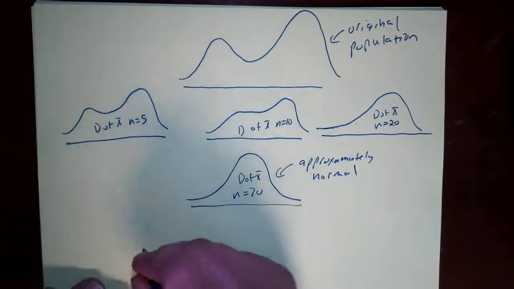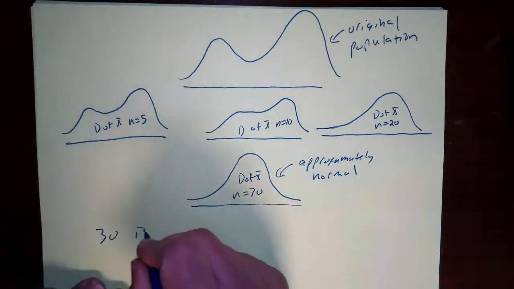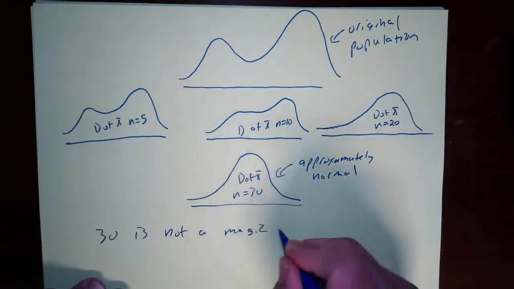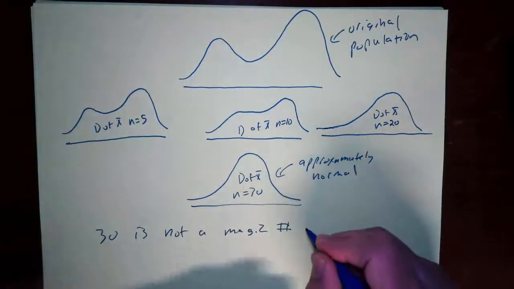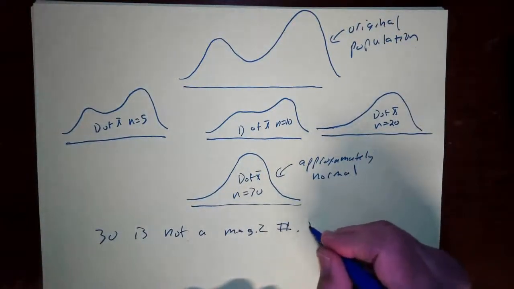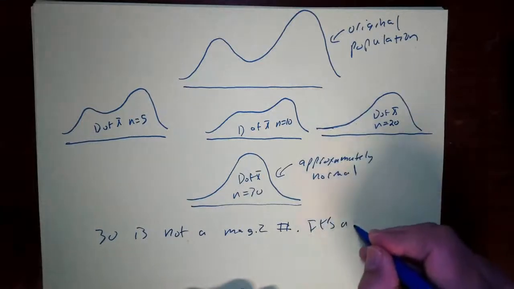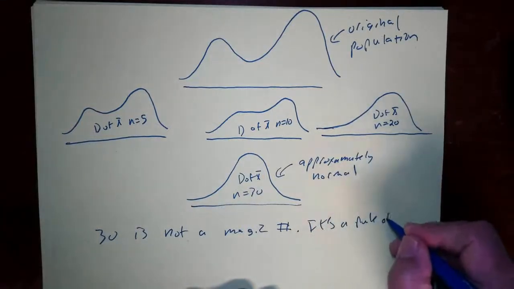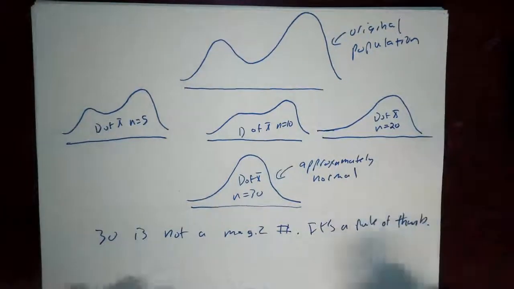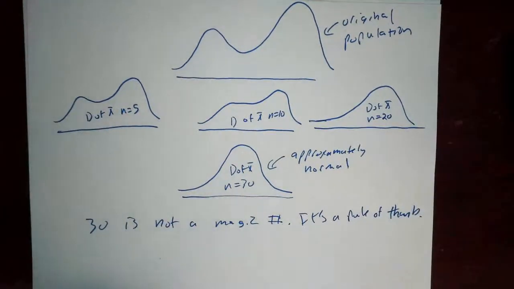Now 30 is not a magic number. It's a rule of thumb, and they use it in all intro to stats classes. Usually you want your studies to have samples of 30 or more.